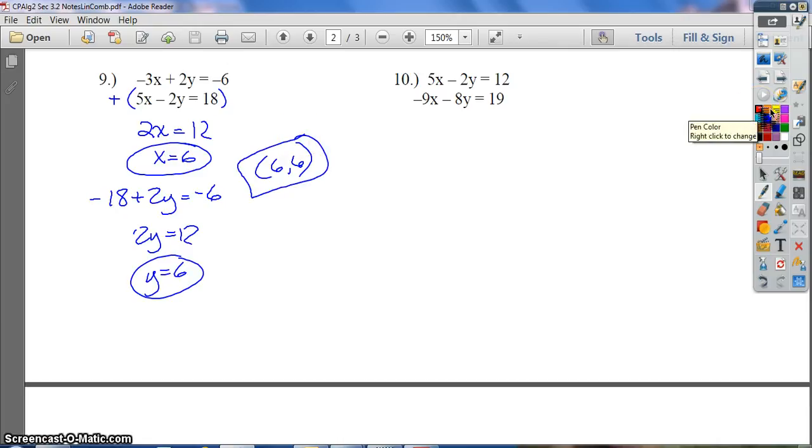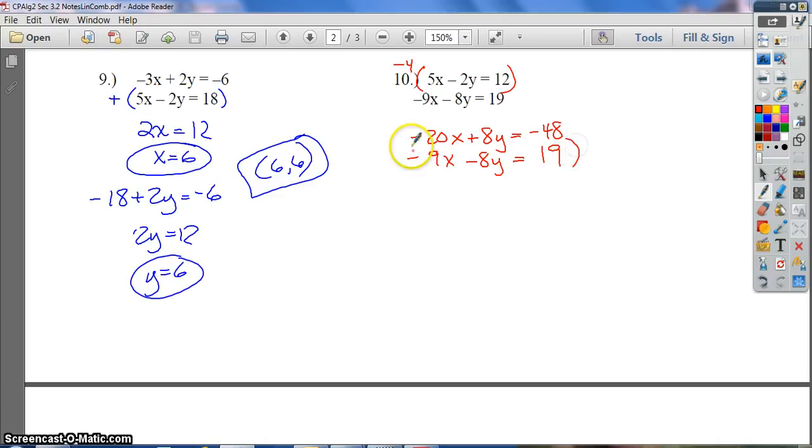All right, I'm going to go after the y's here. So I'm going to multiply the top one by negative 4. Watch what happens, right? Negative 20x plus 8y equals negative 48. Rewrite the bottom one, negative 9x minus 8y. Notice how the y's are the same number, but one's positive, one's negative, so I can add them. So negative 29x equals basically negative 29.